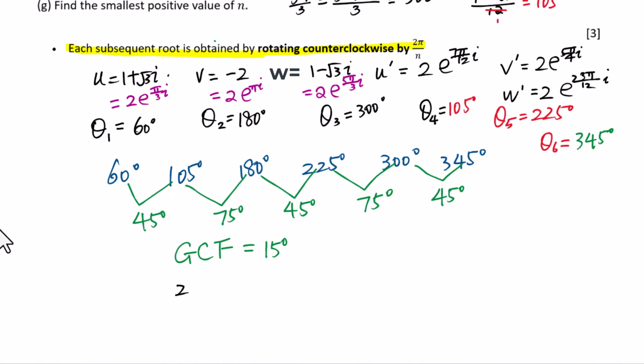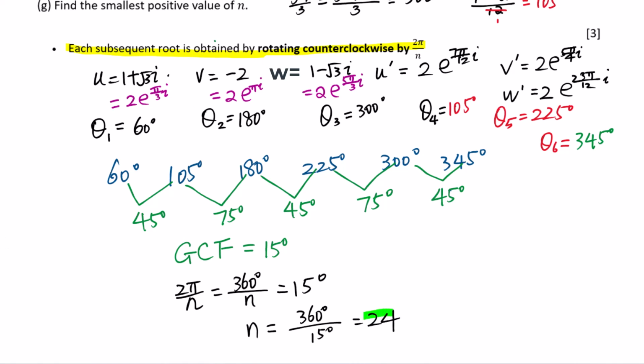Therefore, 2 pi over n equals 360 degrees over n equals 15 degrees. n equals 360 degrees over 15 degrees equals 24. The smallest value of n is 24.